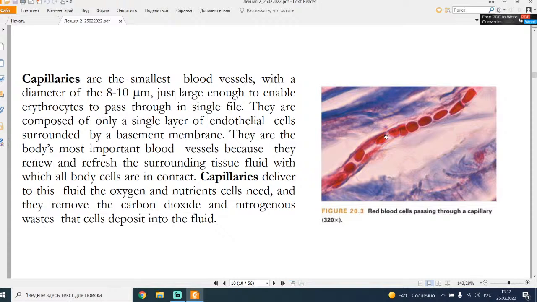They are composed of only a single layer of endothelial cells surrounded by a basement membrane.